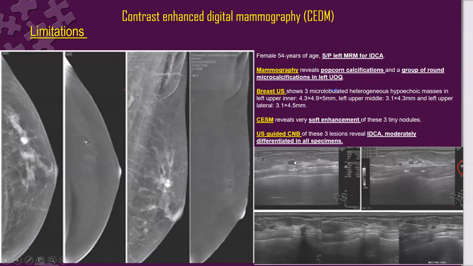Look how we might not consider these tiny lesions, especially after contrast study, there is only faint, very soft enhancement. So when they biopsied these tiny lesions, it was invasive ductal carcinoma, moderately differentiated. So in this case, this is a false negative result.